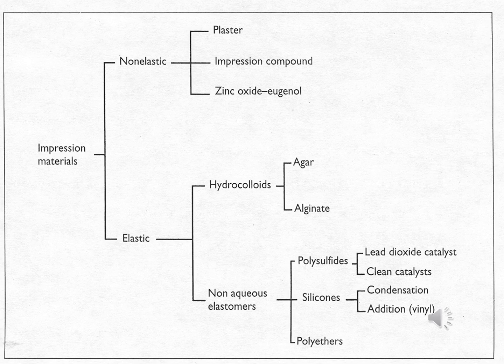Under the aqueous impression materials, we have hydrocolloids, that is agar and alginate. Under non-aqueous impression materials, we have polysulfides, silicones. Under silicones, we have condensation silicone and addition silicones, and polyether.